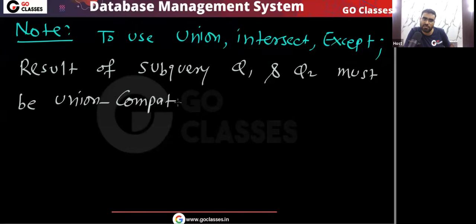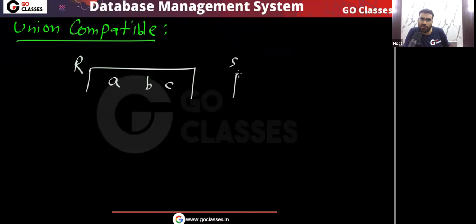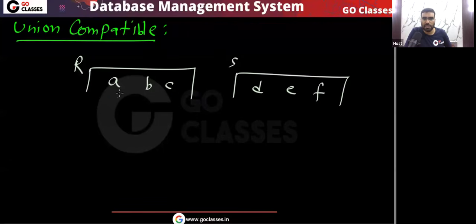And what does that actually mean? When can I say two tables are union compatible? Let me write on the next. What is the definition of union compatible? See, if you have R, let's assume these are the attributes A, B, C, and if you have S, let's assume these are the attributes D, E, F. Then union compatible means the number of attributes must be the same.